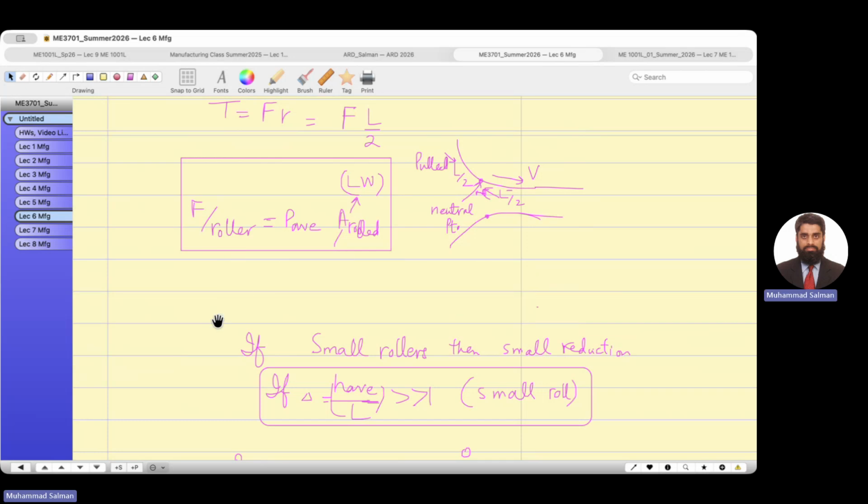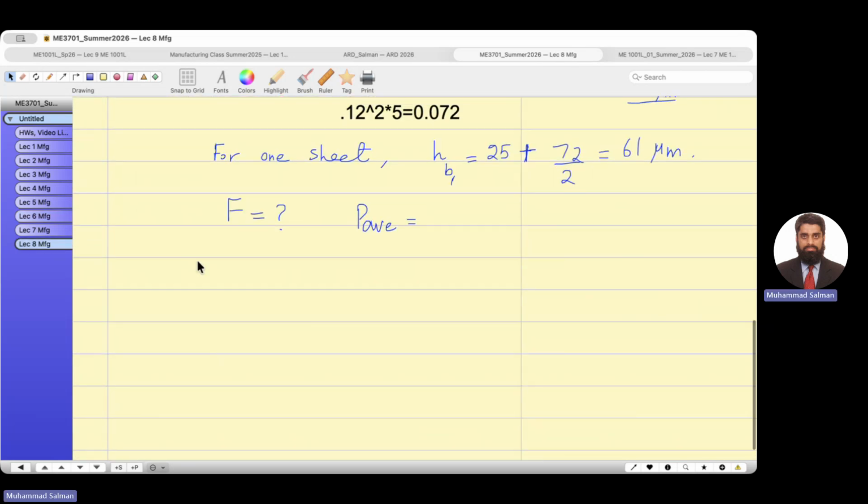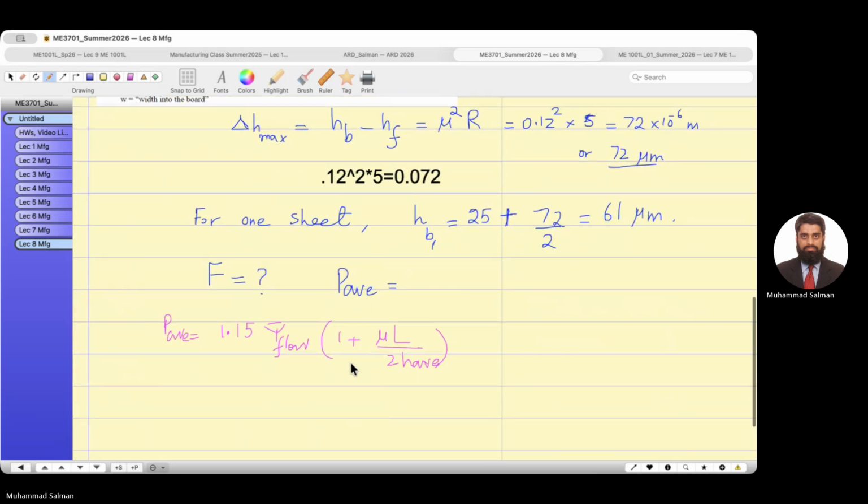If you know the pressure applied by each roller, you can multiply that pressure by the area. Pressure equals force per unit area, and that means force equals pressure times area under the roller.